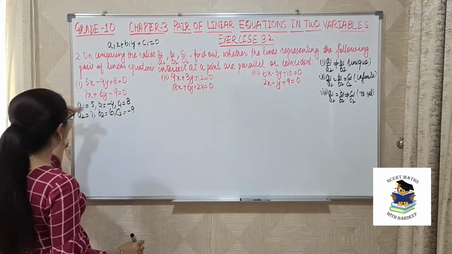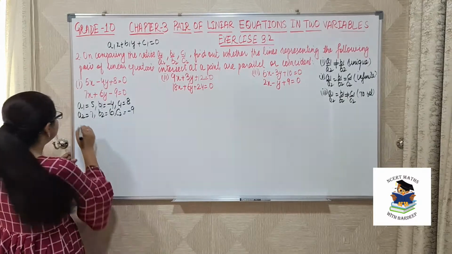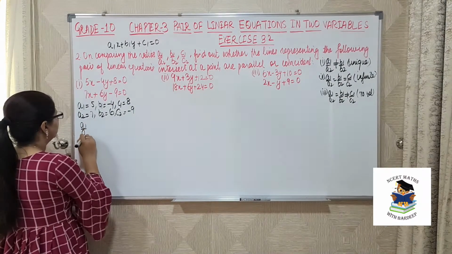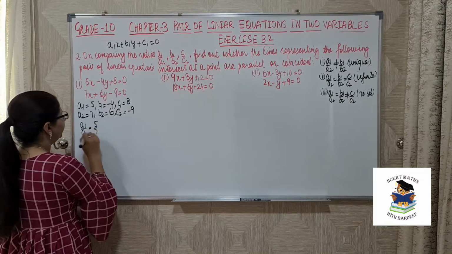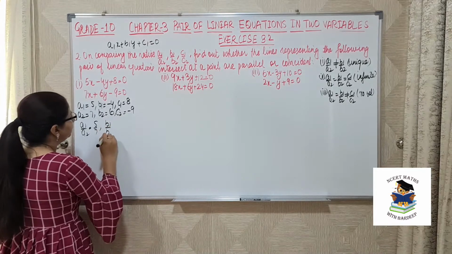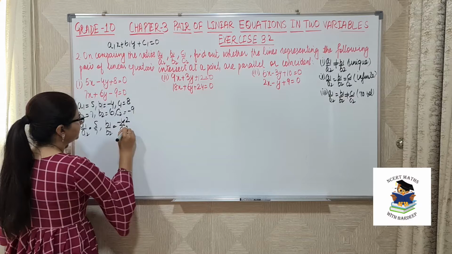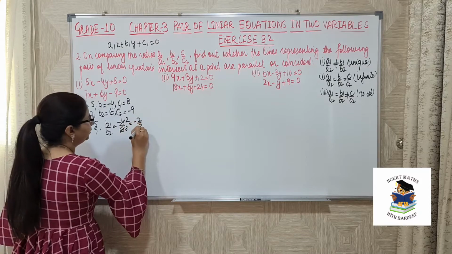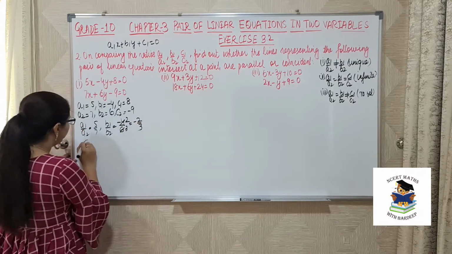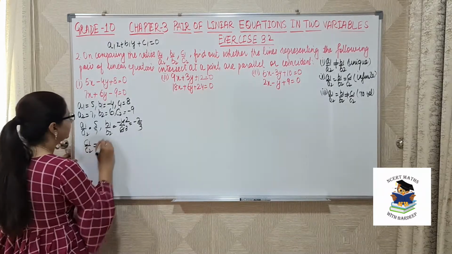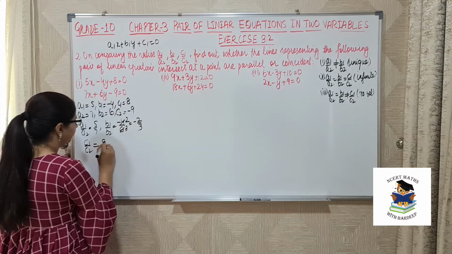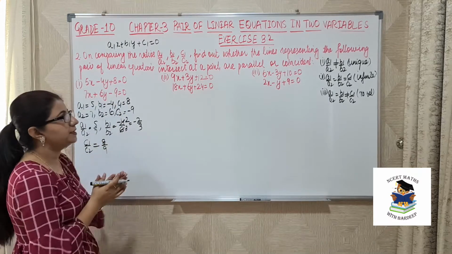So now I should find these ratios, that is a1 by a2 is equal to 5 by 7, b1 by b2 is minus 4 by 6, if I cancel this it is minus 2 by 3. And c1 by c2 is 8 by 9. So what is the first case?